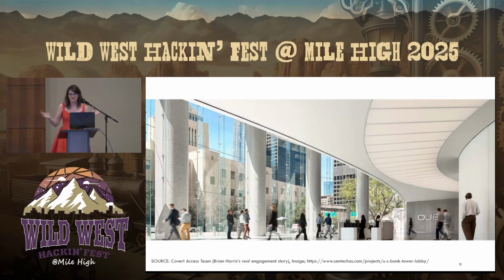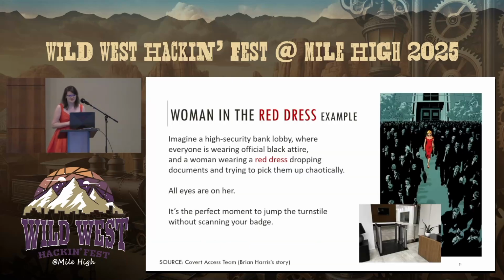And so everyone is looking at her. So that's a good moment to jump the turnstile without scanning your badge. And because the security guard is not really watching the camera feed, you probably will not be detected that quickly.